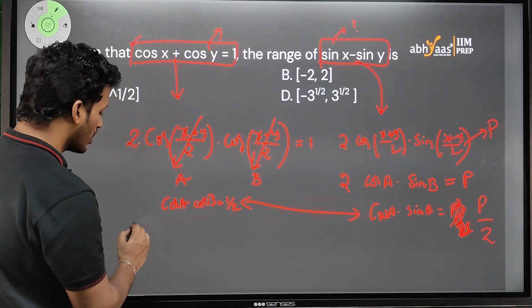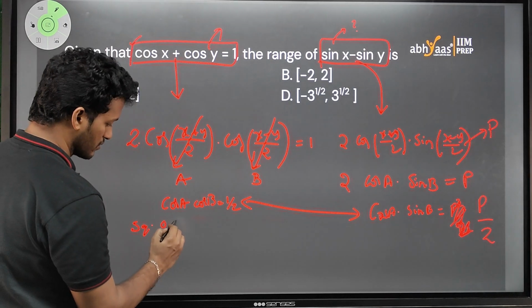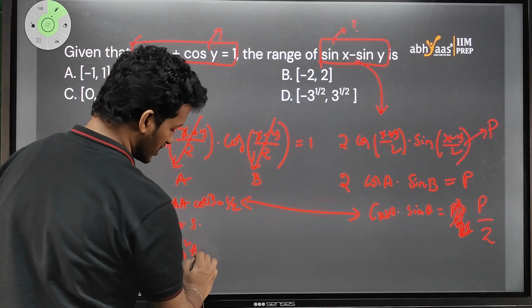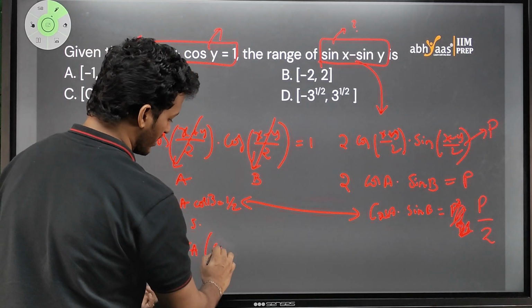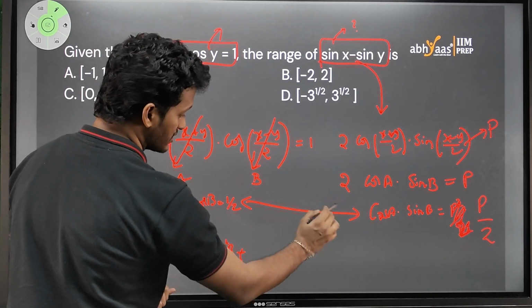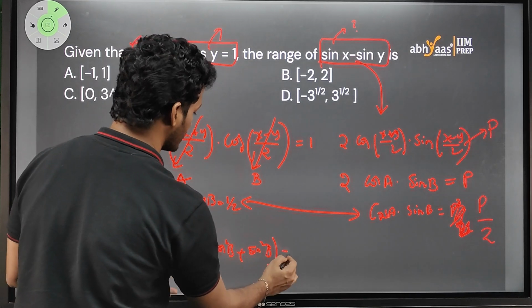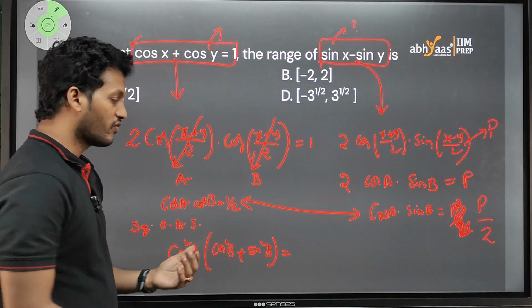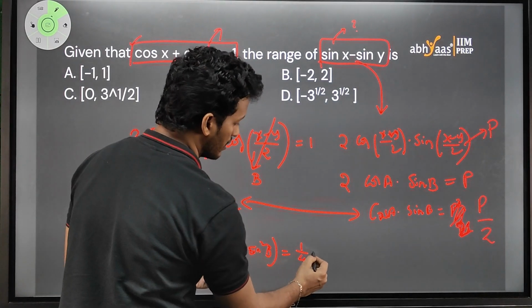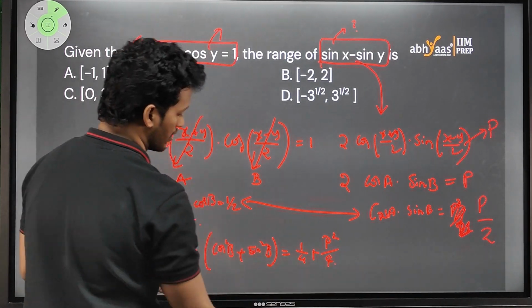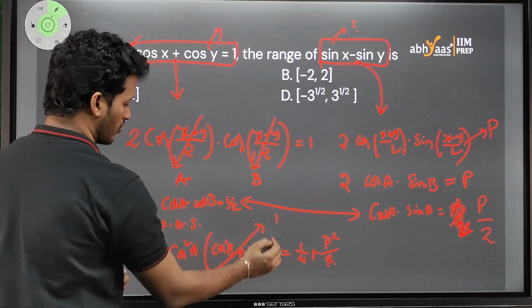So let's square on both sides. I am taking cos square a common directly, so it's cos square b plus sin square b. But be careful with these values: 1 by 2 will become 1 by 4 after squaring, plus it will be p square by 4. So this will become 1.